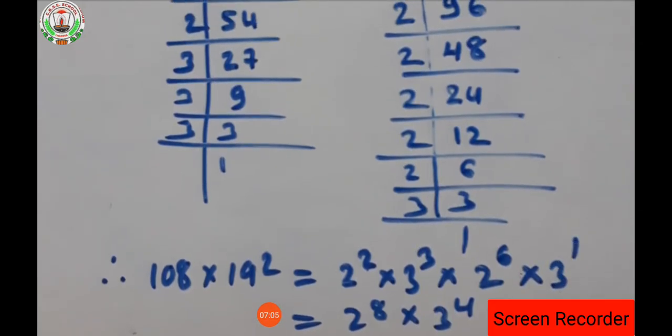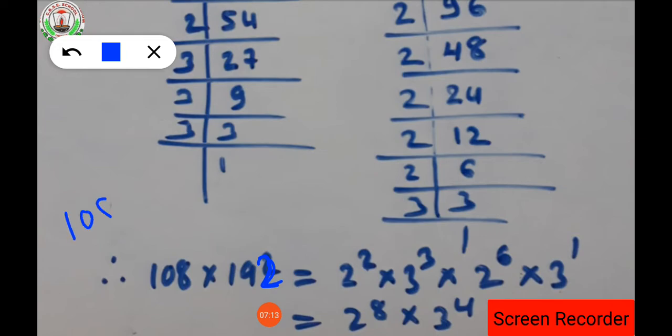Now in the question we are having 108 into 192. See students, here this one is 2, not in the form of power. So what is the factor of 108? The factor of 108 is 2 to the power 2 into 3 to the power 3, isn't it?